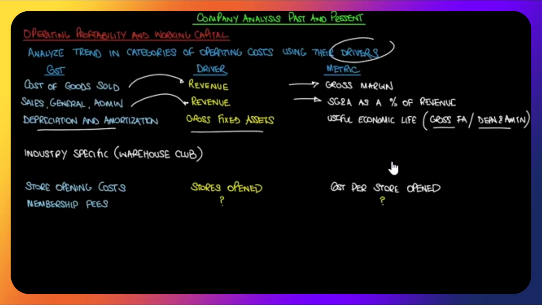Specifically for Warehouse Club, they also disclose this category of costs, store opening costs, given they're opening stores every year. It should be related to that, obviously, so a good metric to look at is cost per store opened. How is that trending? Membership fees: I know that's revenue, but there should be costs associated with it. How do you generate those membership fees?